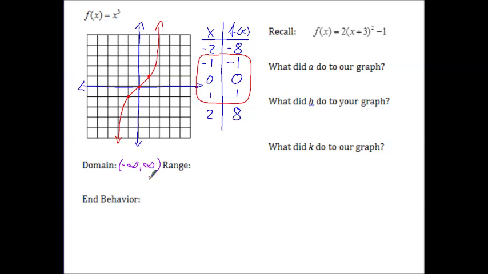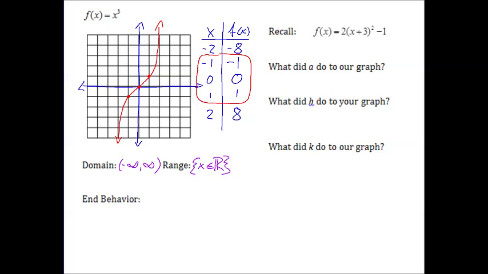Remember, parentheses is what we always use for infinity. And our range, again, for the same reason, and now we can show this in set notation. X is an element of the real numbers, is another way of saying all real numbers, of saying going from -infinity to +infinity.